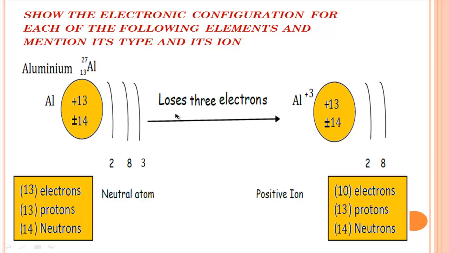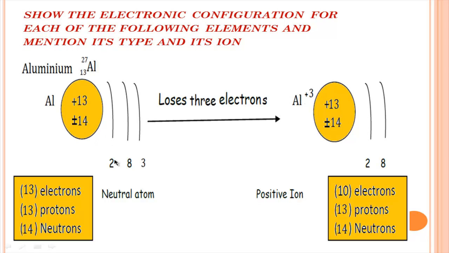Then distribute the 13 electrons according to the energy levels. As we know, K is saturated by 2 electrons, L by 8 electrons, so 2 plus 8 equals 10. So the outermost energy level will remain with 3 electrons.